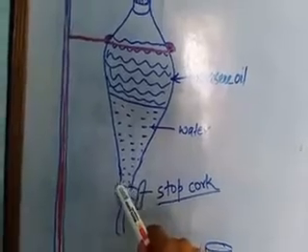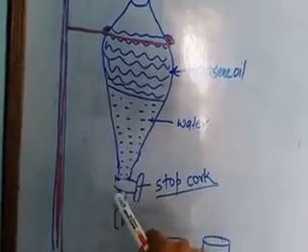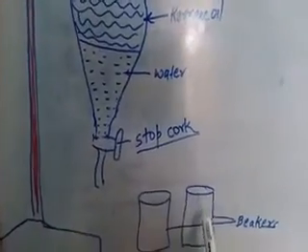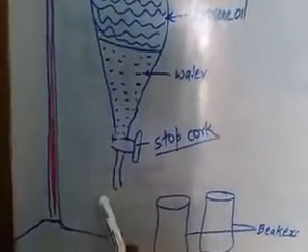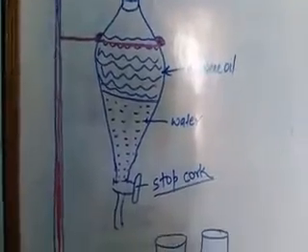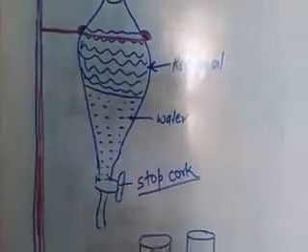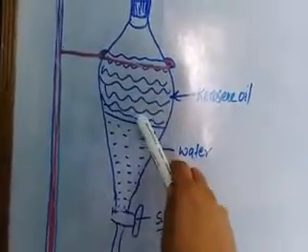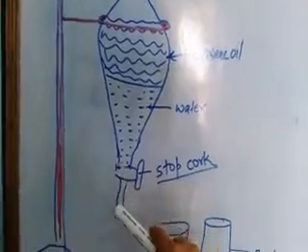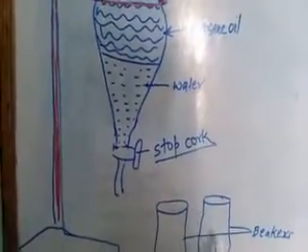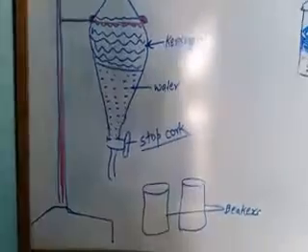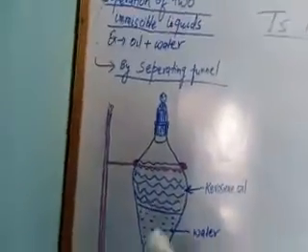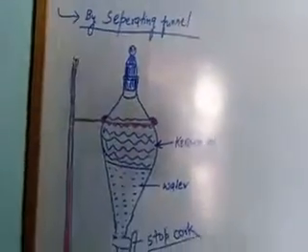When we see the water layer has come down to this level, we will close the cork again, keep the second beaker below the separating funnel, and open the stop cork again. Now we are left with only the oil layer, so all the oil will come out and fill the second beaker. So that's how we can separate the mixture of oil and water by using the separating funnel.